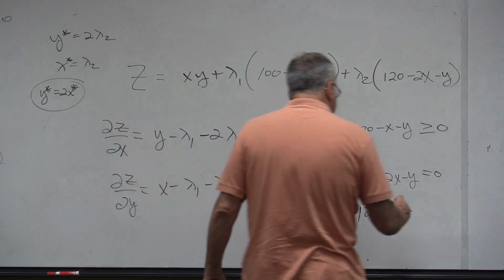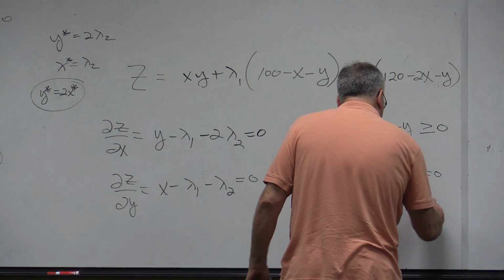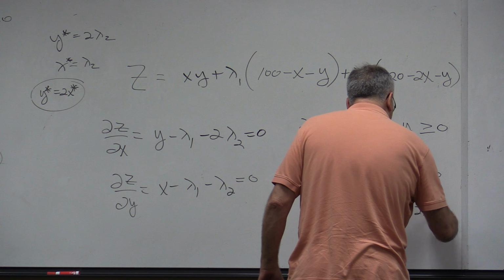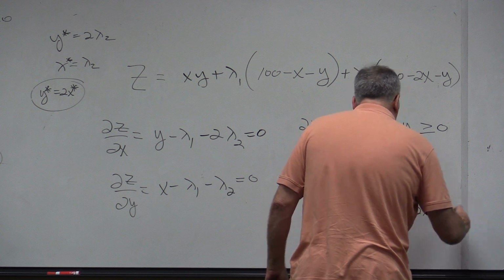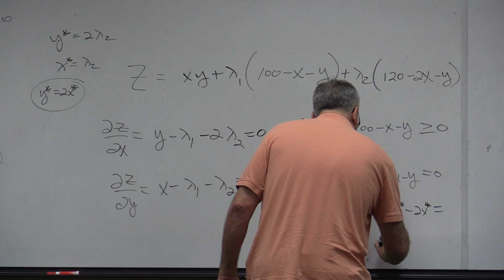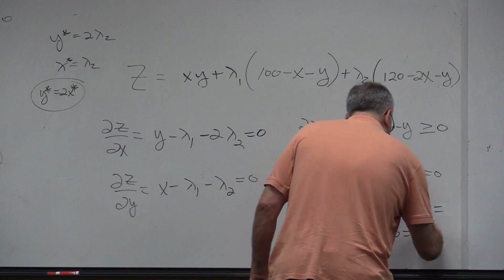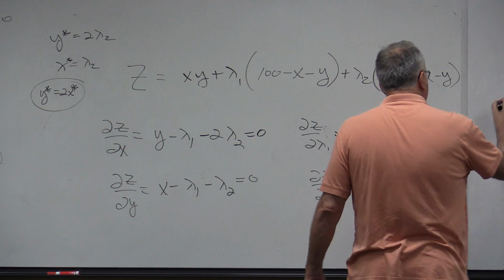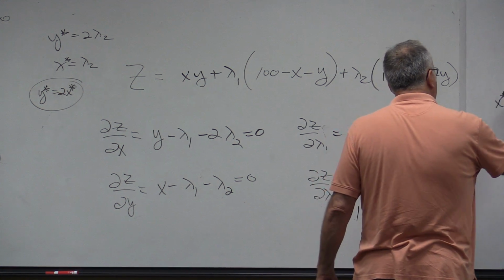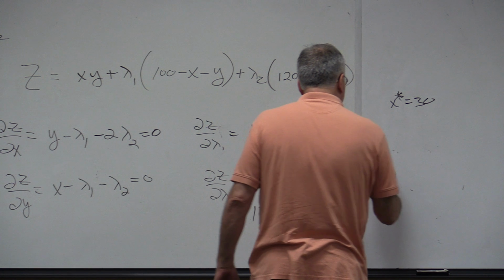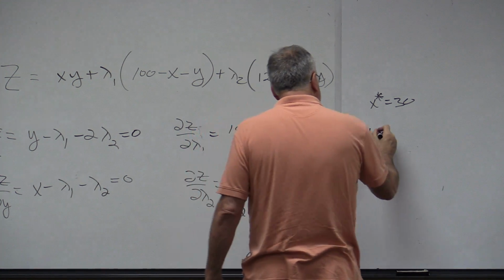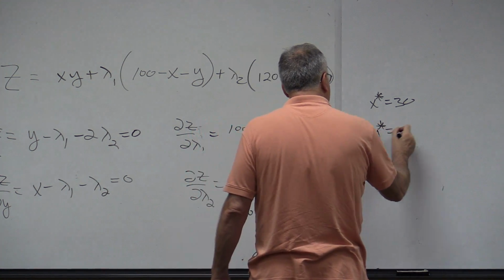Y star is 2x star. Here we go. 120 equals 4x. So x star equals 30. There we go. That's what we had to do. X star equals 30. Y star is therefore 60.